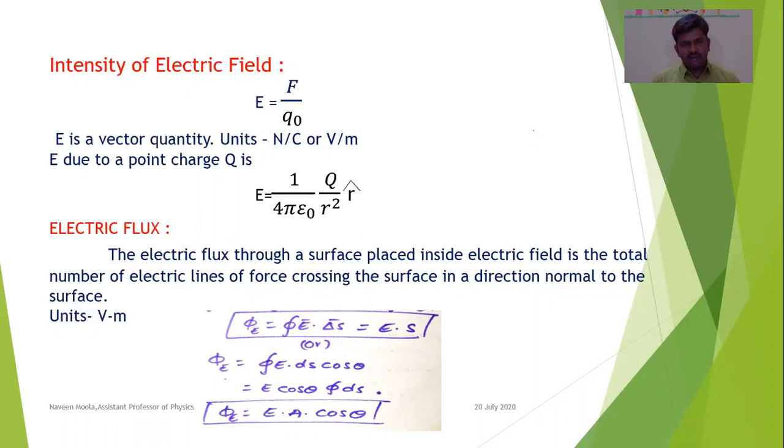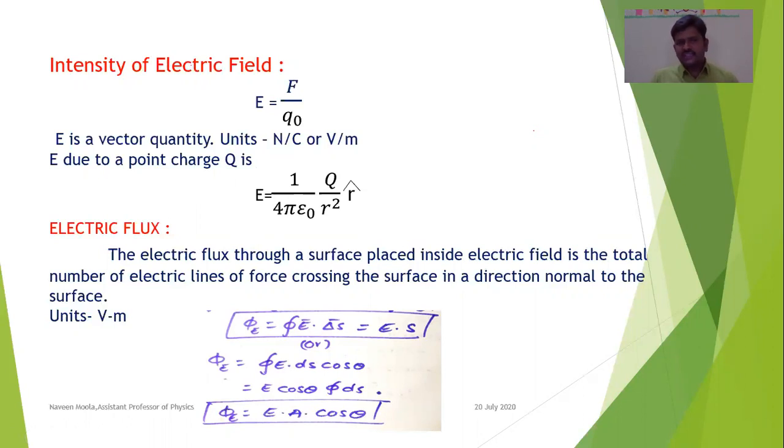Then we calculated electric field intensity due to a point charge Q at a distance R from that charge. It came around E is equal to 1 by 4 pi epsilon naught Q by R square R cap. R cap is the direction connecting this point charge Q with the point where we are calculating intensity of electric field. Why I am reminding this formula is because this is electric field intensity due to a point charge.